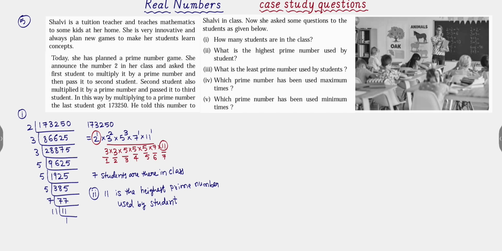Now question number 3, what is the least prime number used by students? 2 is given by Shalvi, so we should not consider 2. Other than 2, what is the number we have? 3. So we have to write 3 is the least prime number used by a student.